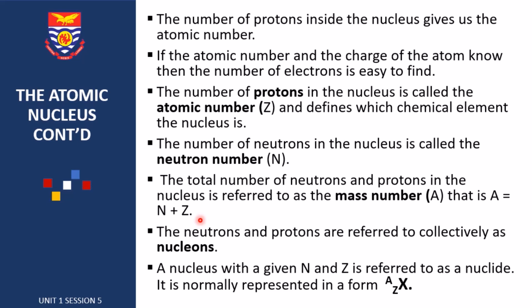The neutrons and the protons in the nucleus are collectively referred to as nucleons, and this is a typical representation of the atom, where Z is a subscript and A is a superscript.